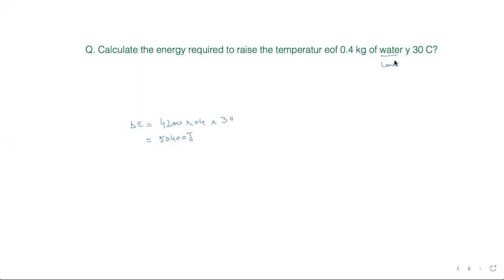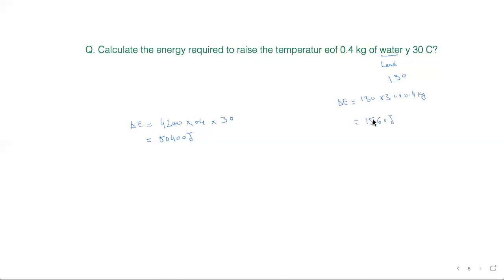So if we have not water but lead, in the case of lead we know that the heat capacity is 130, isn't it? Then how much energy do we need to heat it up by 30 degrees? So this will be 130 times 30 times 0.4 kilogram, if it is the same amount. So what is the answer? Can you do a quick calculation, please? 1,560. 1,560 joule.